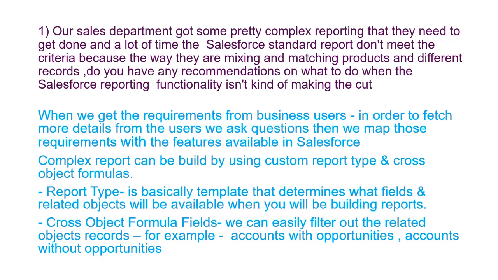We can even put the cross object formulas on the related object as well. For example, opportunities having no activities or having activities. So that's how you can build the complex report.